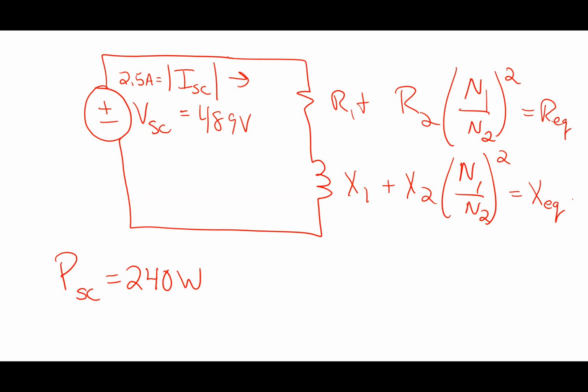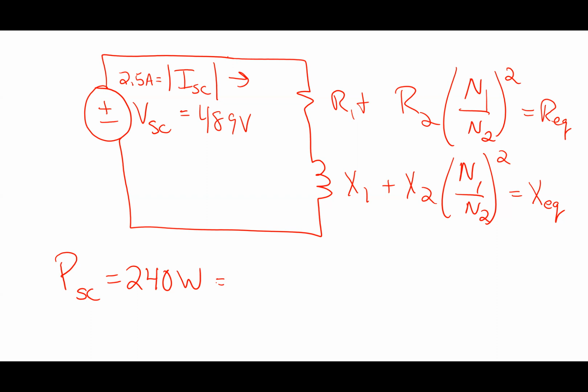Let's start there. 489 divided by what? No, that would tell me the magnitude of the impedance if I did that, right? So what do I know about the 240 watts in this case? These are in series, so I don't know the voltage across that resistor.